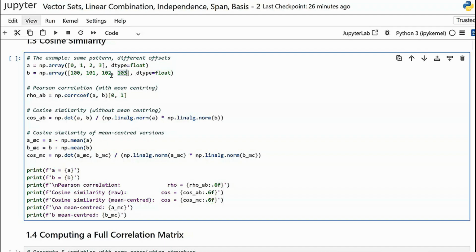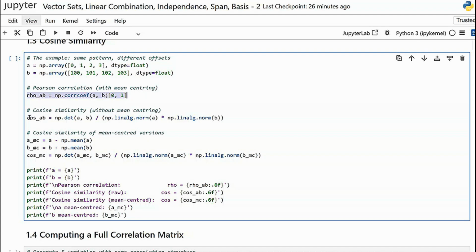Now the next one, we compute the Pearson correlation between A and B. This method automatically subtracts the mean from each vector before computing similarity. As a result, it focuses only on how the variables change relative to their averages.